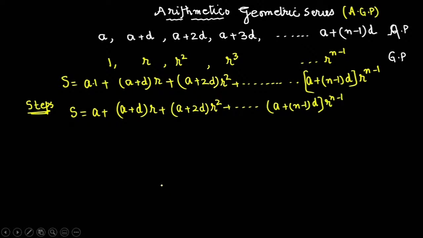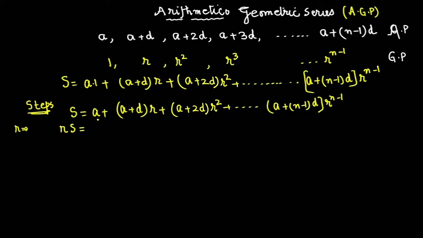You have found the common ratio of the GP. Then multiply this common ratio r on the left-hand side and right-hand side, on all the terms. I am multiplying it with the common ratio. This becomes r into S. Again, on the right-hand side, A becomes Ar. This (A plus D) into r multiplied with r becomes (A plus D) into r square.